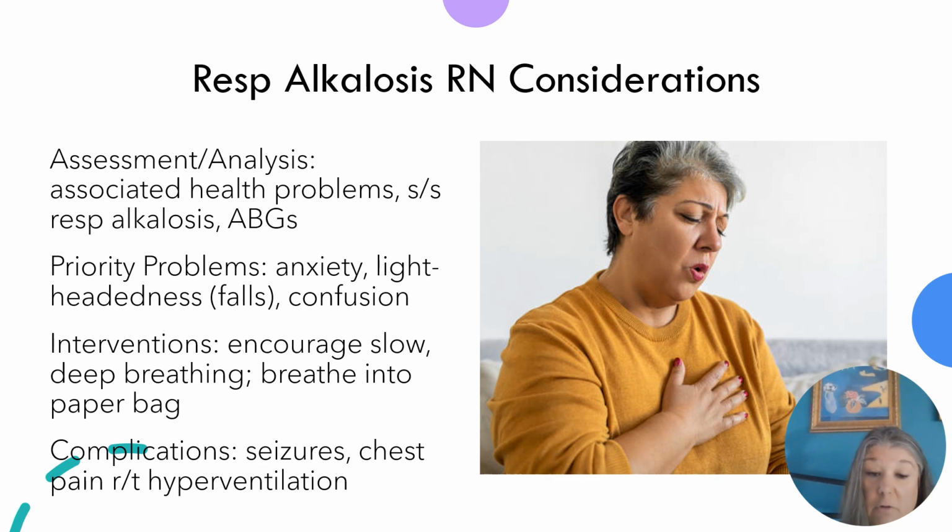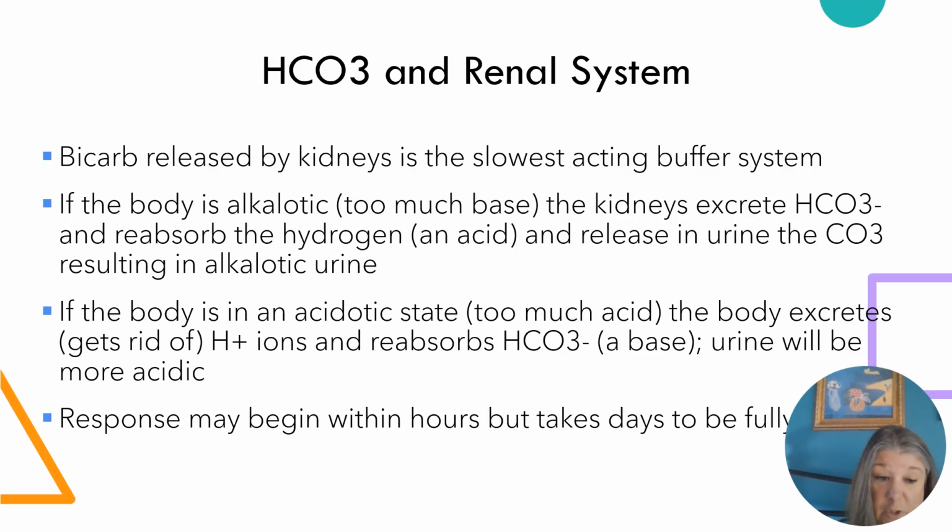Interventions: slow, deep breathing. Breathing into that paper bag because we re-intake that CO2. Complications: you can actually result in seizures. You may have chest pain because you're hyperventilating, you're breathing so hard. So really the biggest thing is calming that person down, all right?